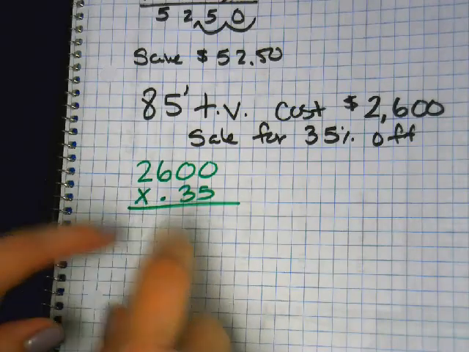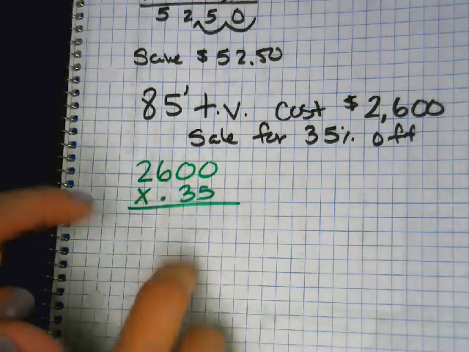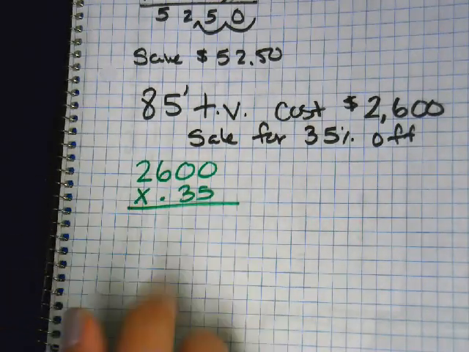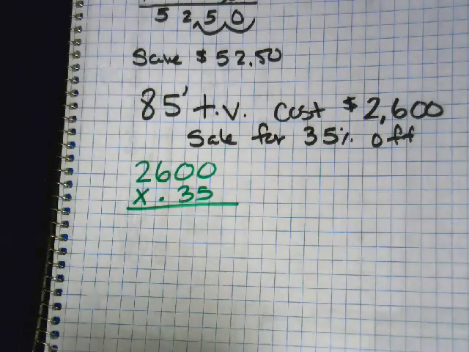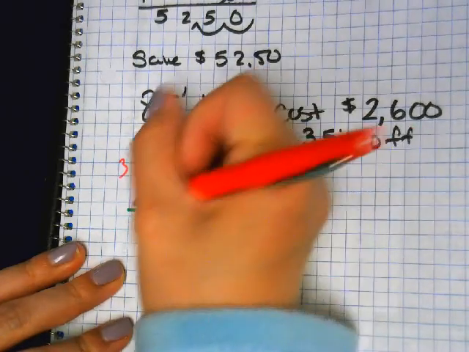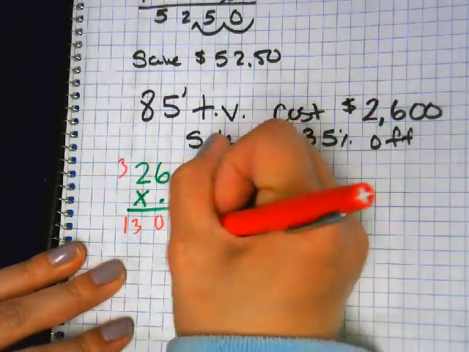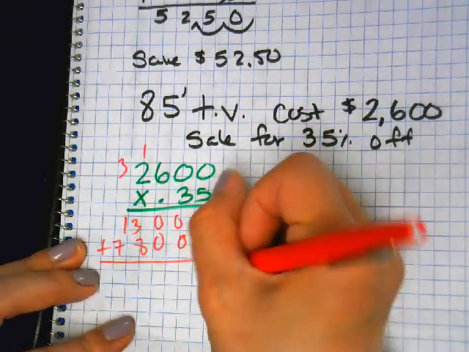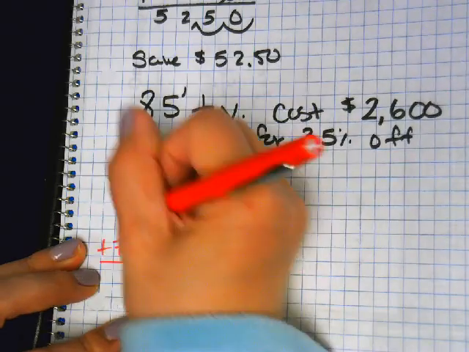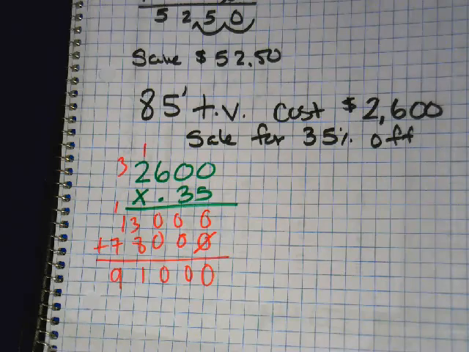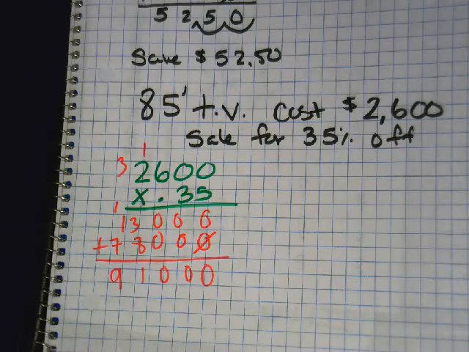Multiply, multiply, multiply. Did I save $910 and 0 cents? Yeah. Move it twice.